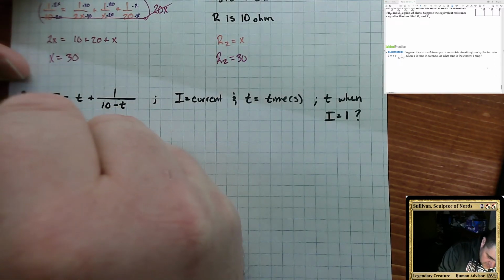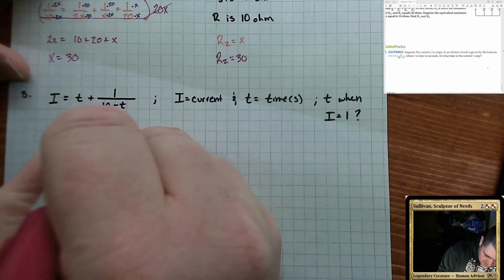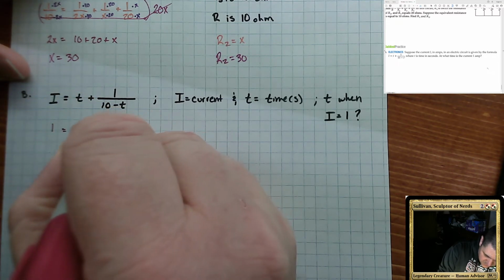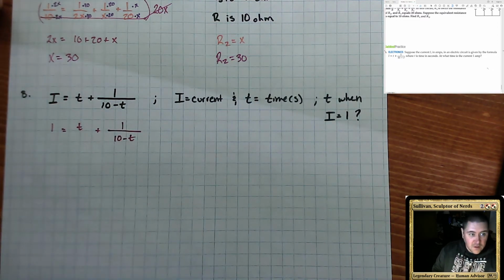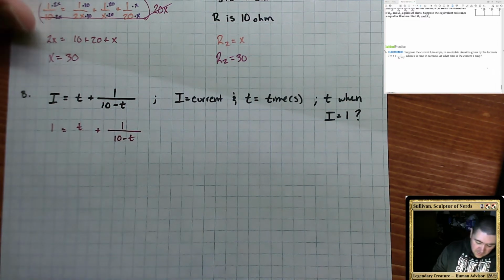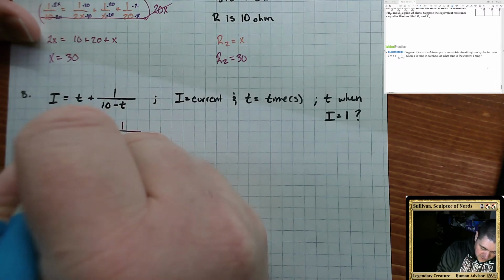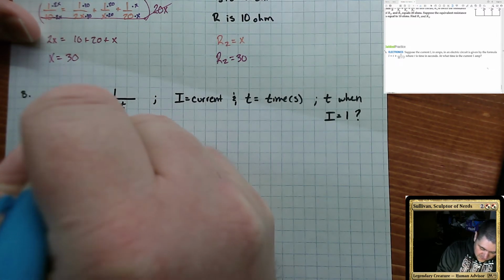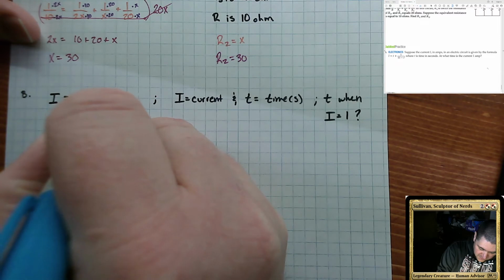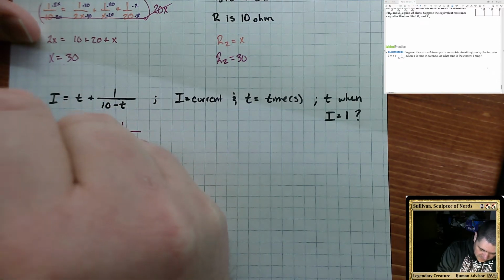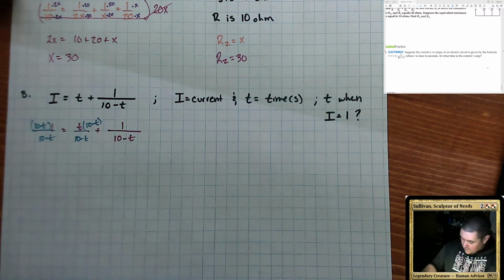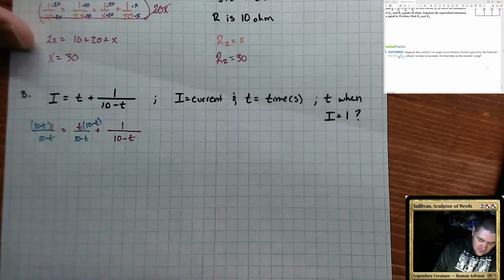So we'll have 1 is T plus 1 over 10 minus T. And you see getting common denominators should be fairly quick this time. 10 minus T times 10 minus T over 10 minus T. Now they all have common denominators.